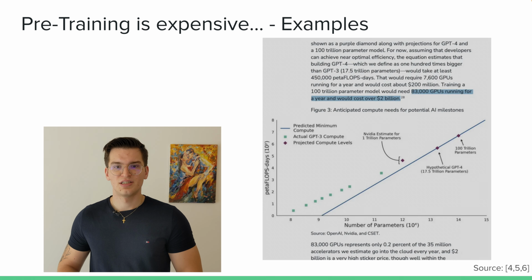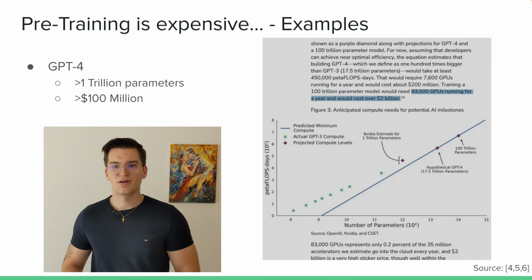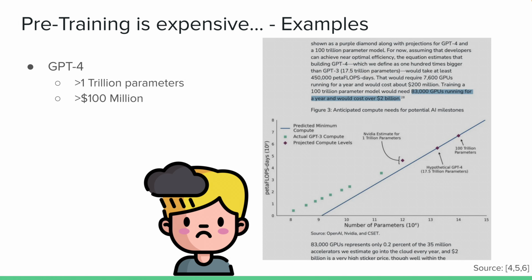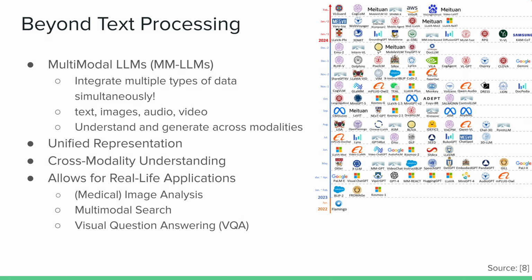The more recent GPT-4 model is believed to have over 1 trillion parameters, and its training costs are estimated to have exceeded $100 million. While these models are more powerful than ever, the resource demands are skyrocketing, and the question arises, how sustainable is this, and how long can we even keep this up?